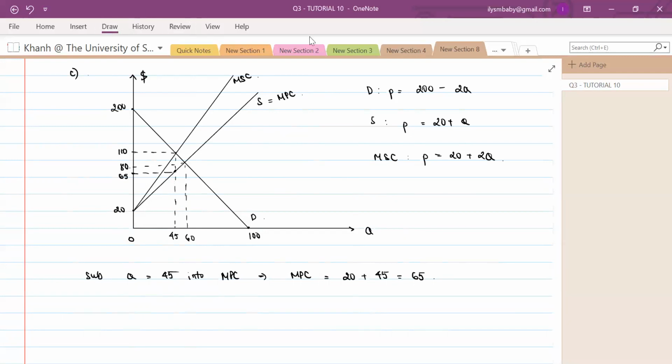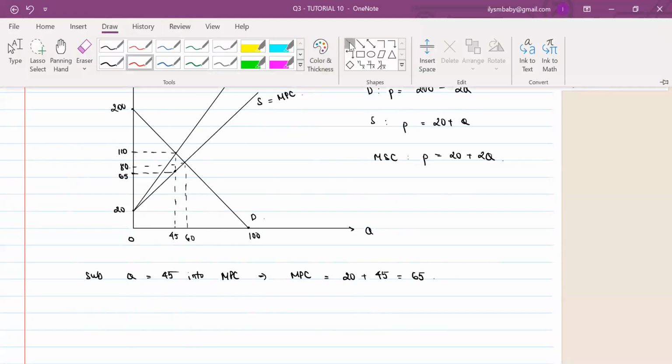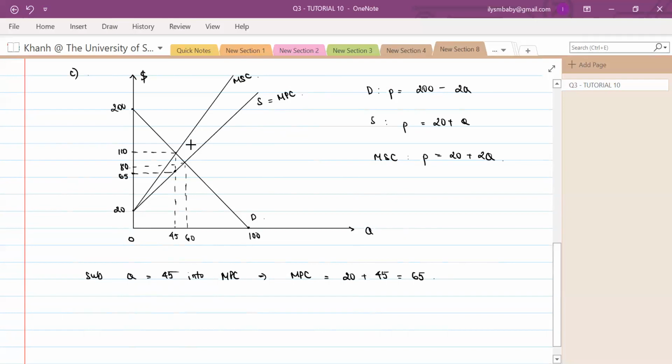So if I can impose a tax on the firm such that the supply curve is shifted all the way up, we're going to make it parallel.